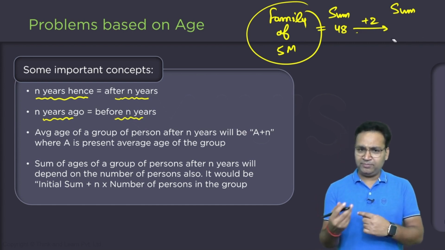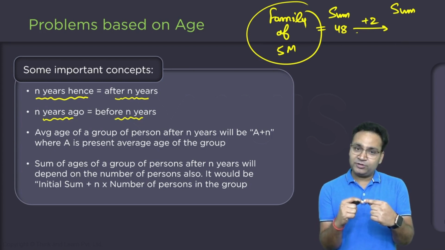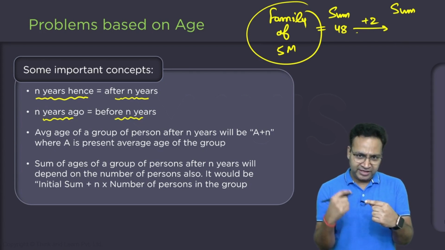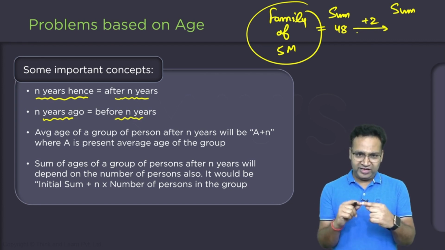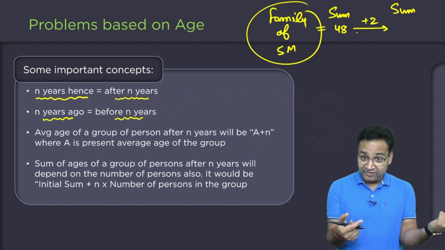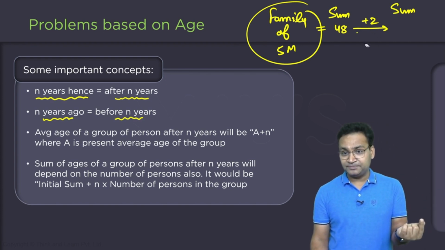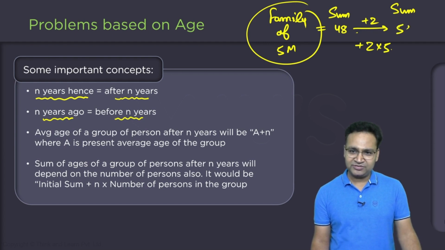Would it be 48 plus 2? Problem is, every person will increase by 2 years. The age of every person will increase by 2 years. So if the age of every person will increase by 2 years, how many members are there? 5. So what is the increment? The increment is plus 2 into 5. That means now the summation is 58.